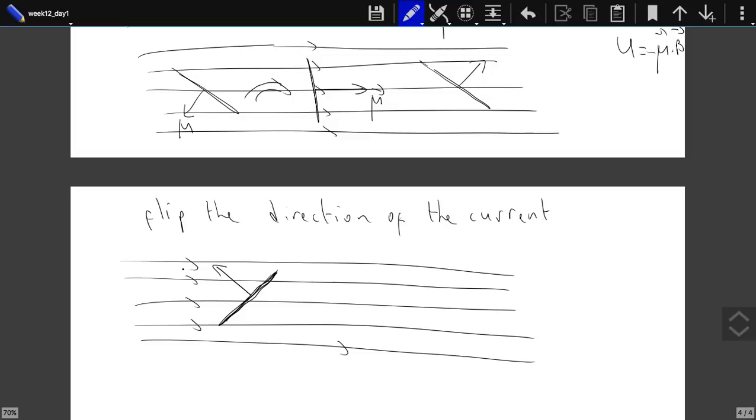So it will just change its direction, because basically the current changes its direction, and you know that you determine the mu field by just wrapping your fingers in the direction of the current. So if you change the direction of the current, the direction of mu will change.